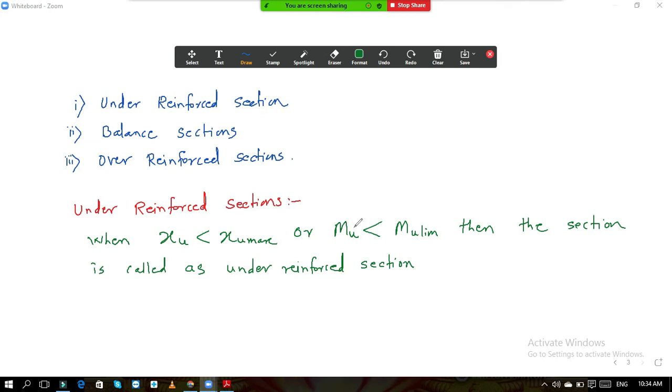So in the under reinforced section, XU is less than XU max and MU is less than MU limiting.